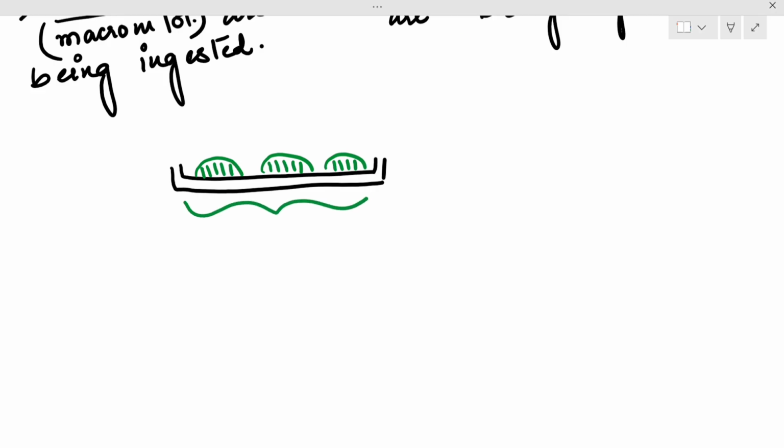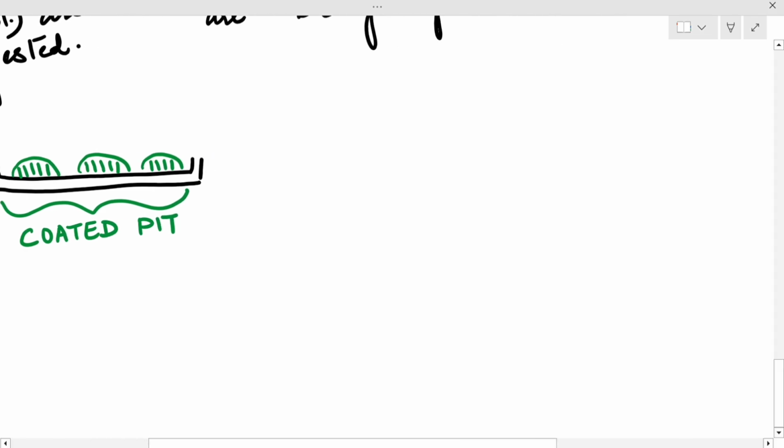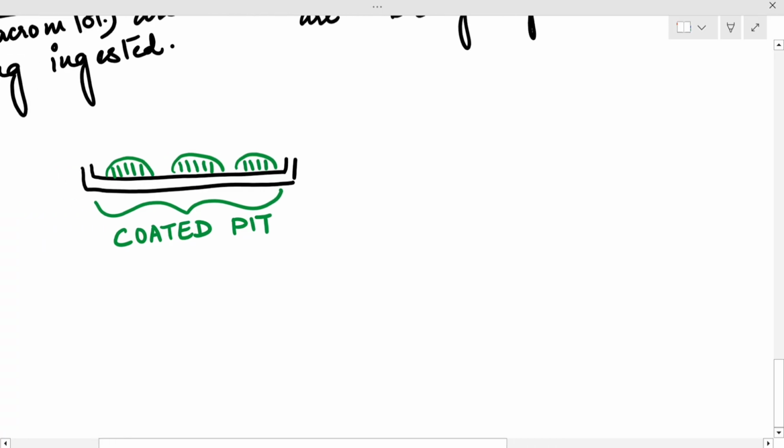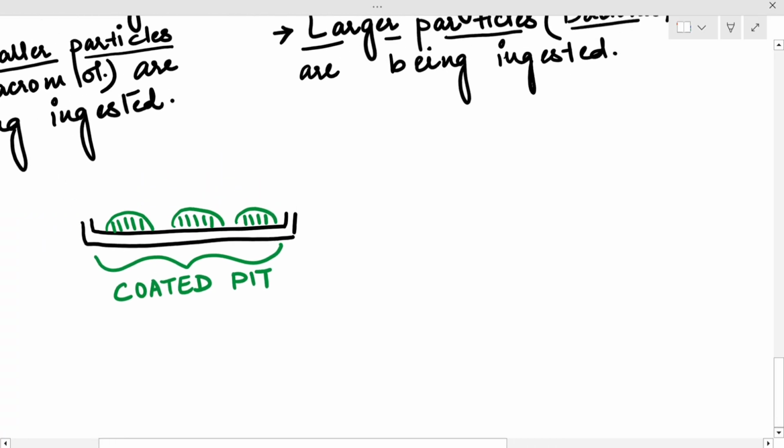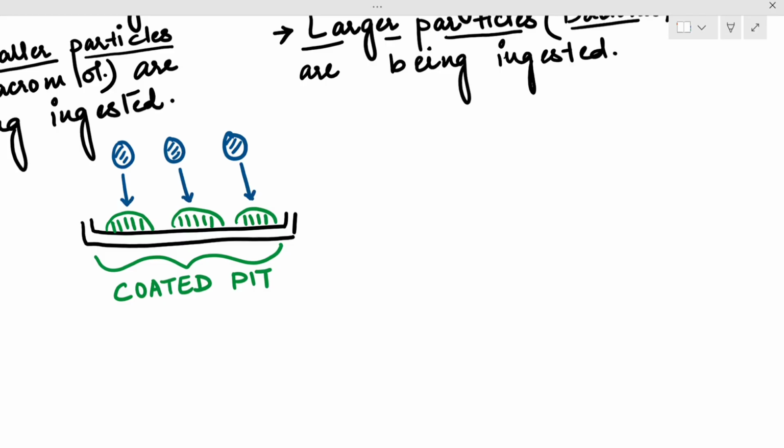So this assembly of the receptors is called a coated pit. Okay. Fine. Now the molecules which need to be ingested by the cell first need to get attached with these particular receptors. Okay. Suppose these are the molecules. So it needs to get attached with this particular receptor.